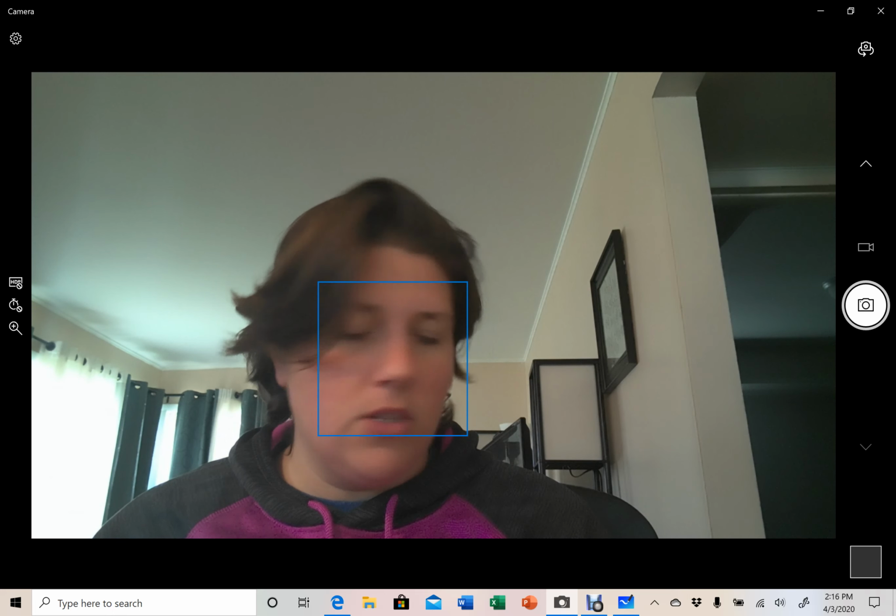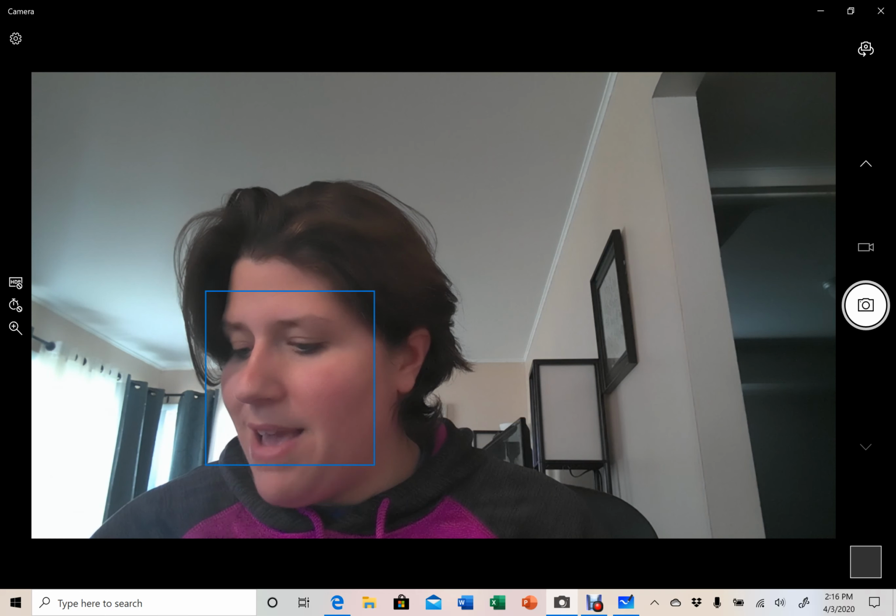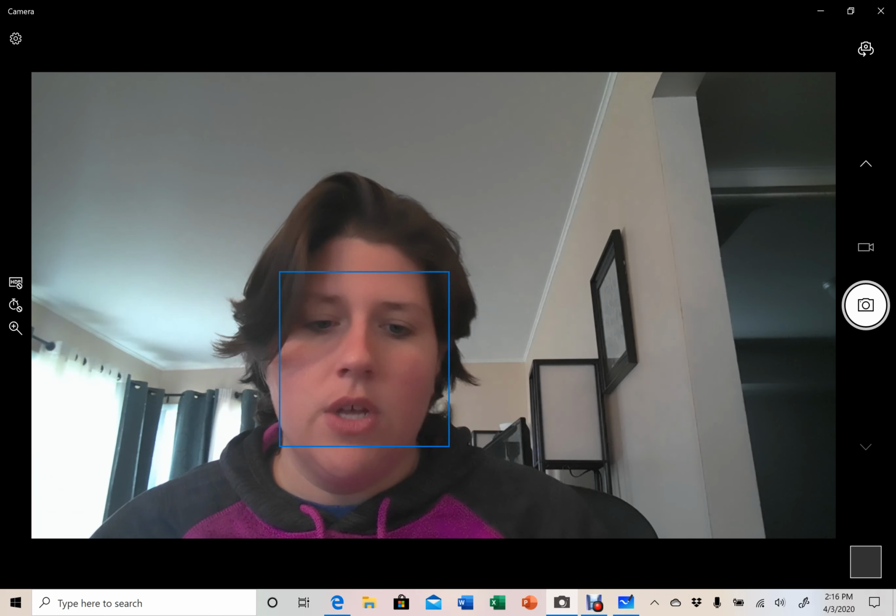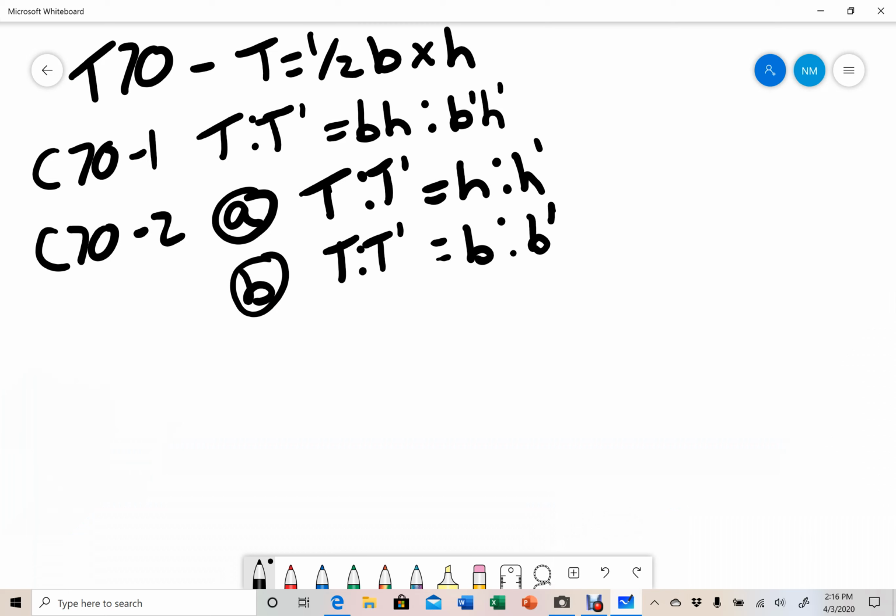All right, corollary 70-3, two triangles having equal bases and equal altitudes are equal. Okay, so this is when we have two triangles. How do we know that they are equal to each other? Corollary 70-3 is going to be broken down like this.